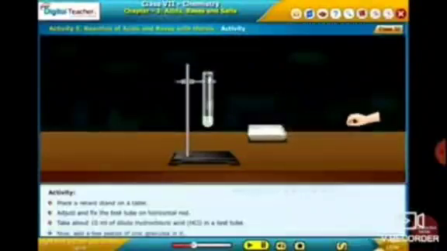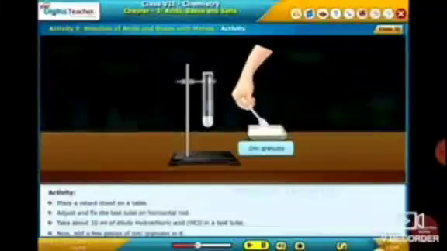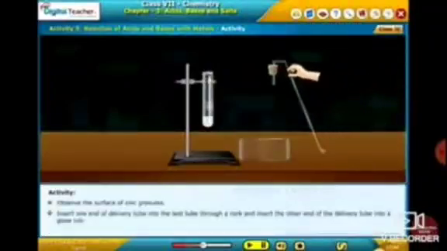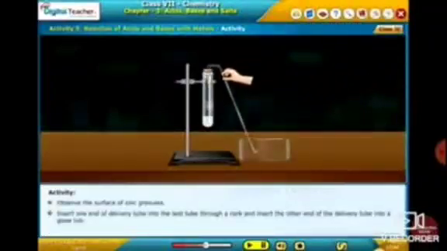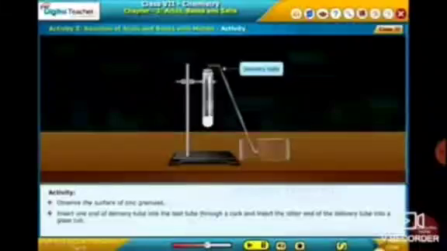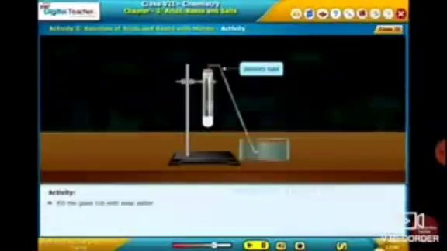Now add a few pieces of zinc granules in it. Observe the surface of the zinc granules. Insert one end of a delivery tube into the test tube through a cork and insert the other end of the delivery tube into a glass tub. Fill the glass tub with soap water.